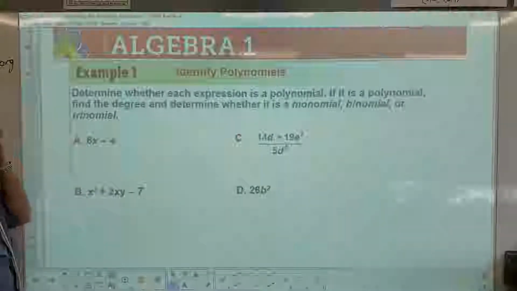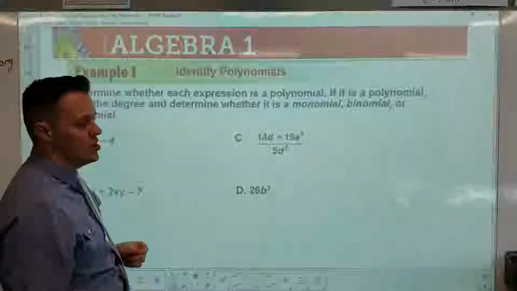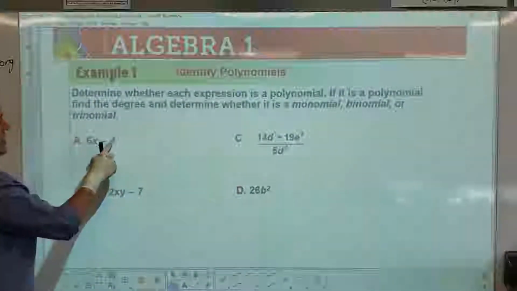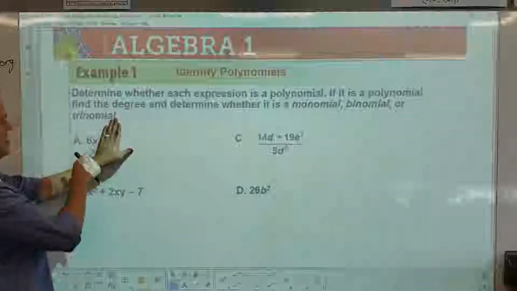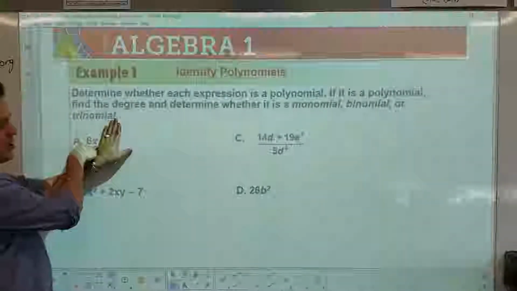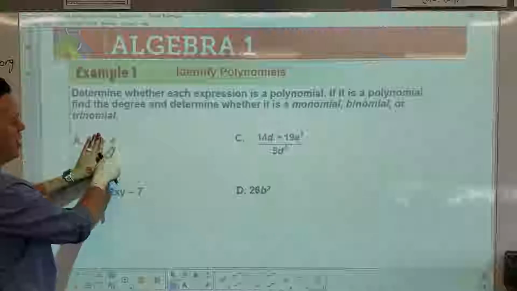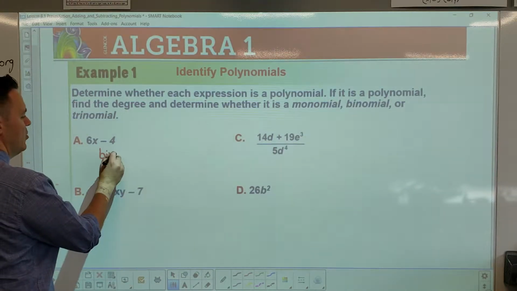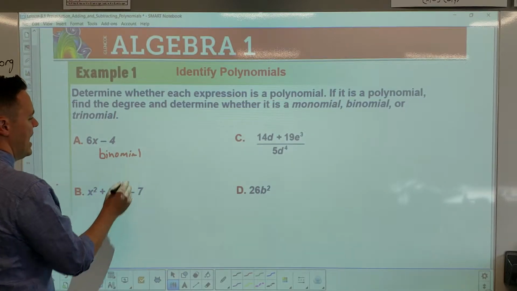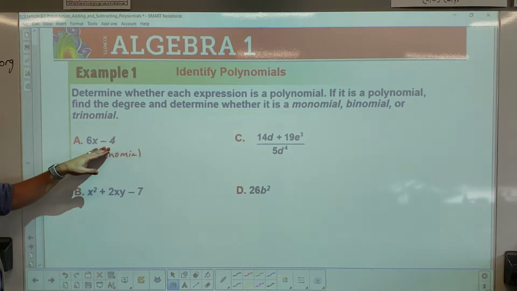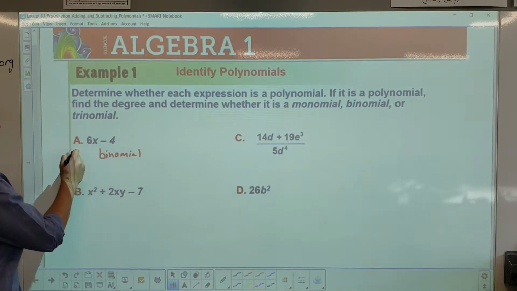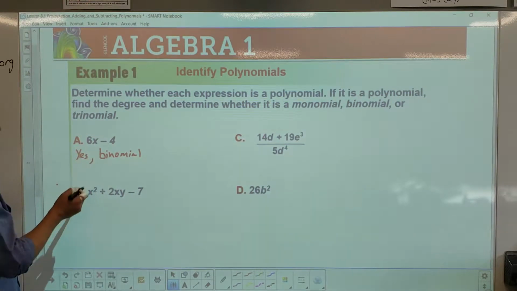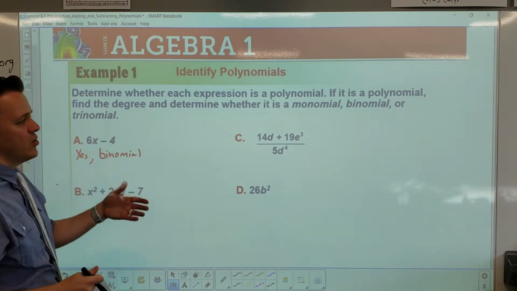Okay, so for example, if you guys look in your book, you can notice that 6x minus 4. So this, ladies and gentlemen, is one monomial. This is 1. So if I have 2 of them, this is actually going to be a binomial. Okay, and then it asks, is this expression a polynomial? It is, yes. It's a binomial. And then what is the highest degree?